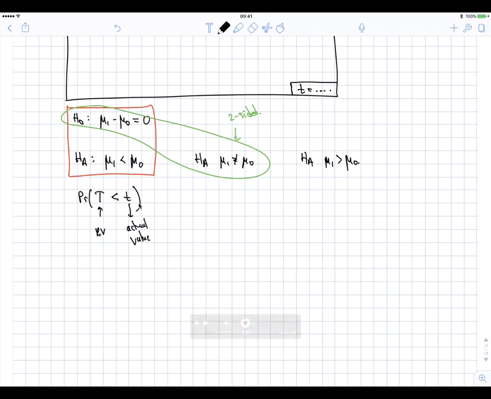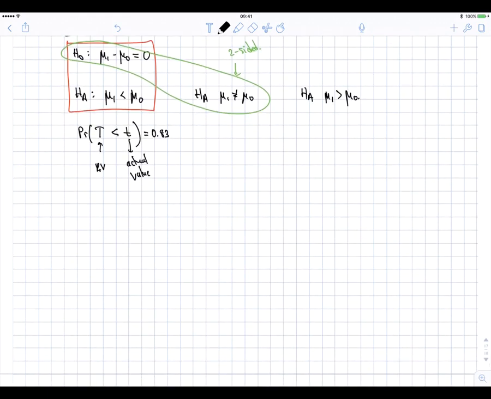What do you mean by extreme values? Extreme values that support the hypothesis that mu1 is lower than mu0, okay? And it's one-sided. If you get something here like 0.83, then what that really means is something like this.